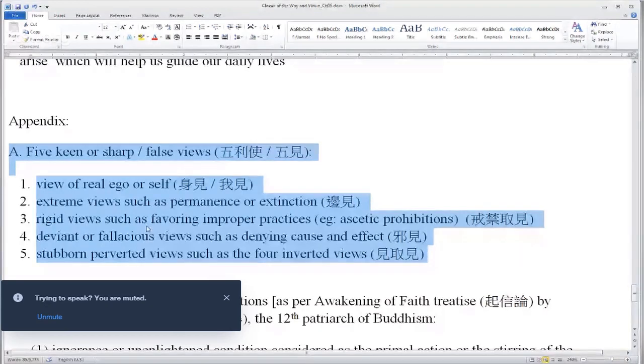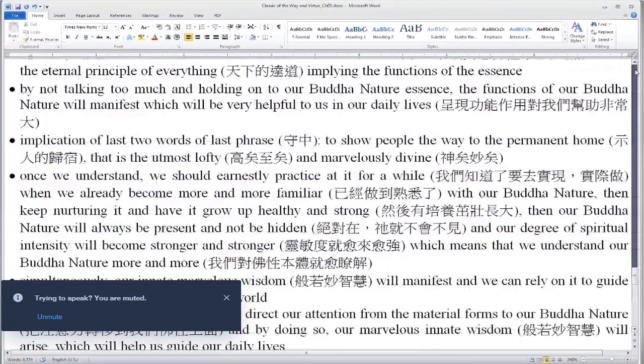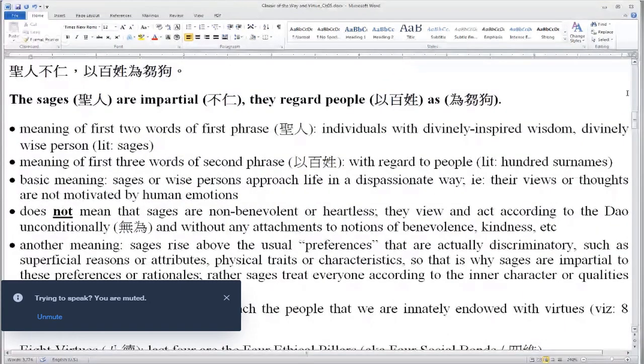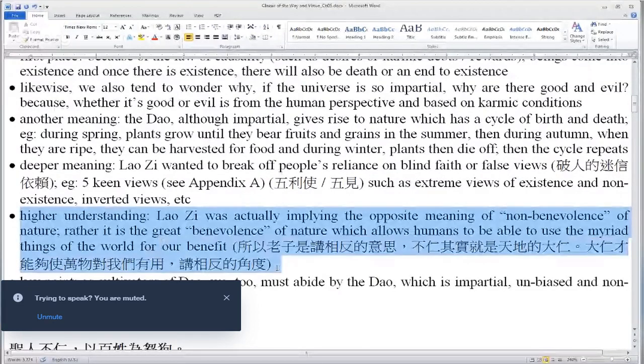But anyway, all these views, we have to be careful. We cannot hold these five views, those wrong views, false views. So that's what the sages are telling us, or Lao Tzu was implying, that we cannot rely on those false views of blind faith. The higher understanding is that he wants to imply the opposite meaning of benevolence of nature.